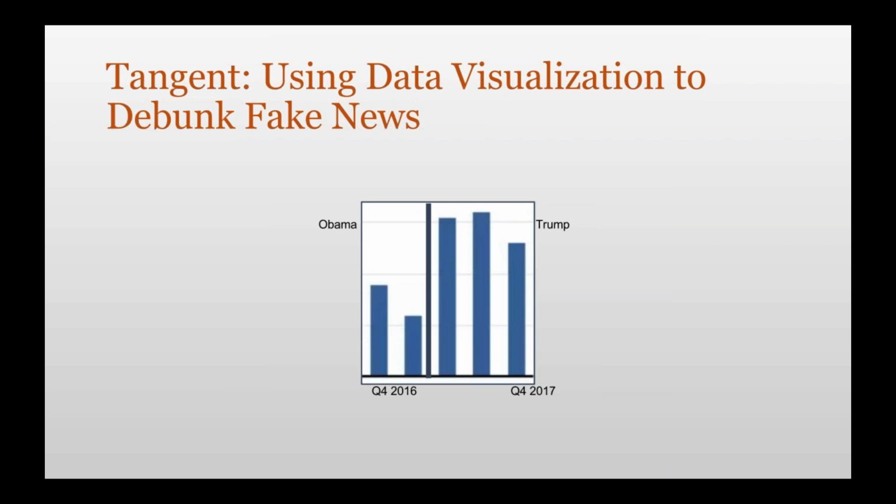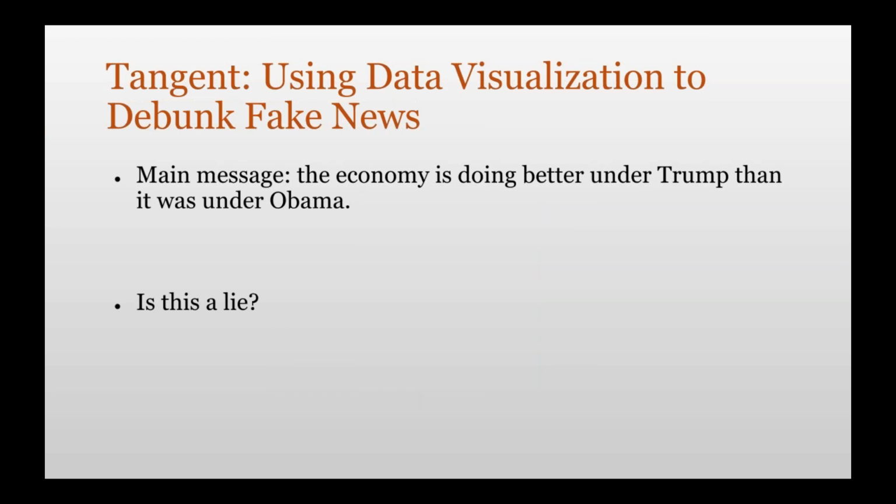We have different levels of GDP growth, and that's shown here. So the main message is that the economy is doing better under Trump than it was under Obama. And the question is, is this considered a lie?